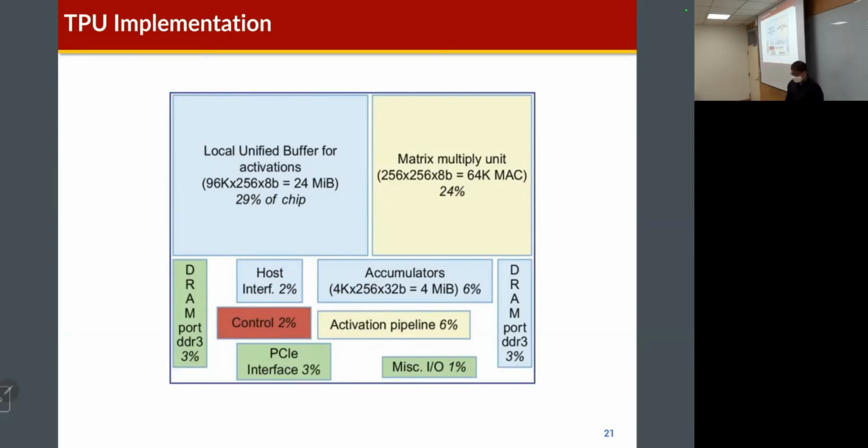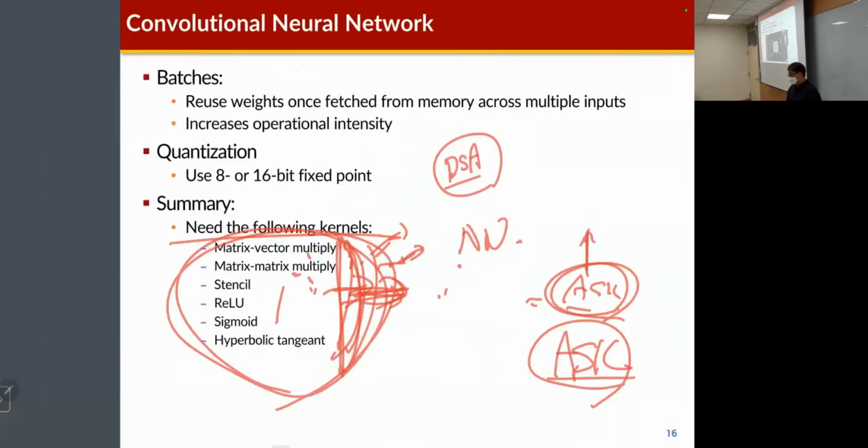As you can see, the internal memory, the unified buffer, occupies 29% of the chip, and the matrix multiply unit, the execution unit, occupies 24% of the entire TPU chip. So it's over 50%.